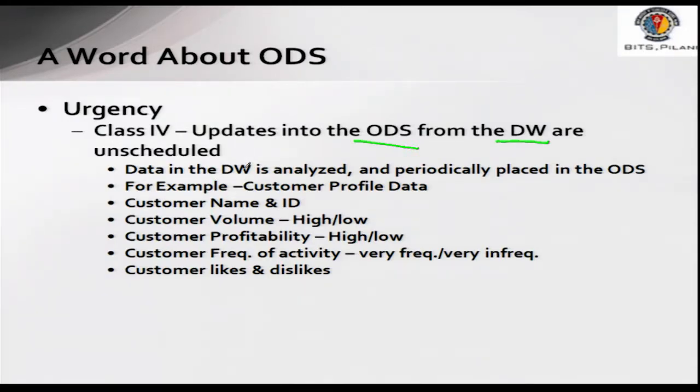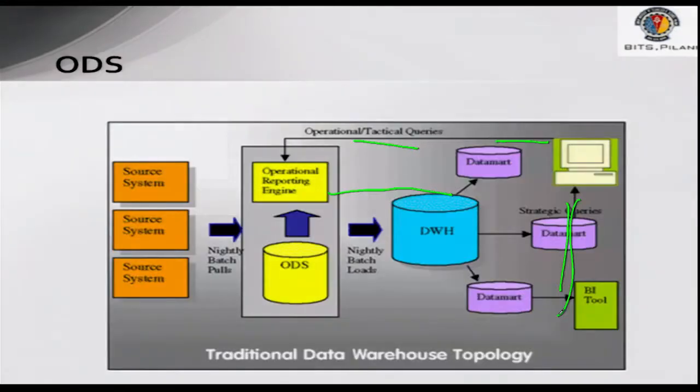Data in the data warehouse is analyzed and periodically placed in the ODS. For example, we talk about profile data, and I want to do a complete profiling of my customers. That processing I do in the data warehouse, and once I'm ready with that, I put this data in the ODS, class 4 ODS.